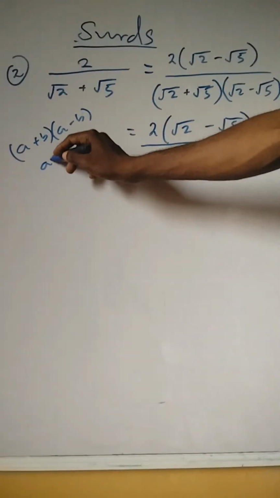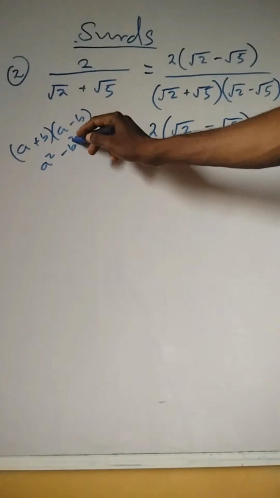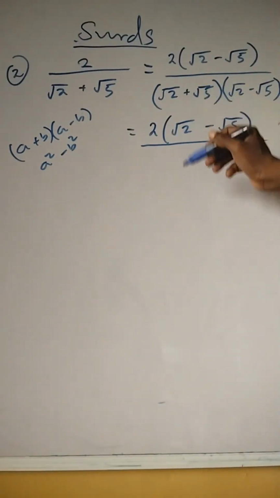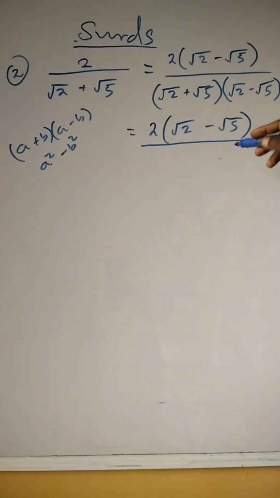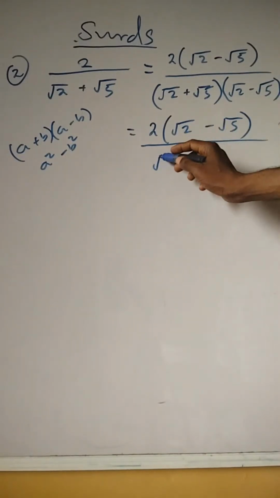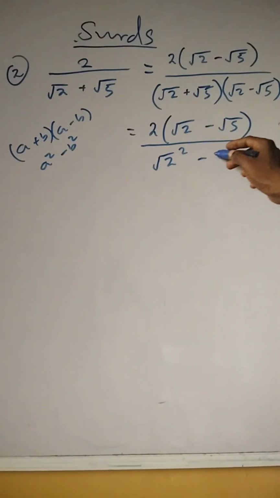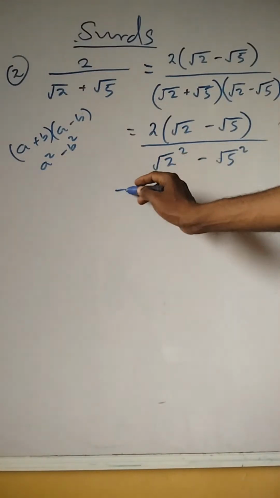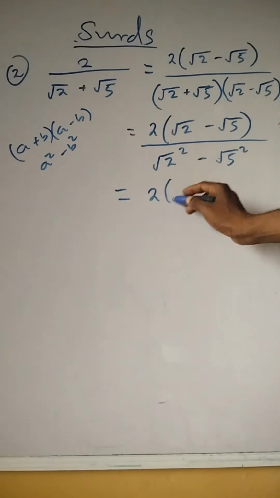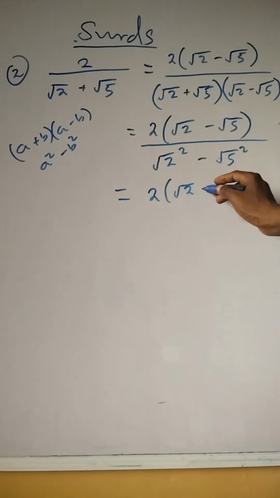This is the same thing as a squared minus b squared. And here a is root 2. So we can write this as root 2 squared, then minus b, root 5, that's root 5 squared. Then this becomes 2 into bracket root 2 minus root 5.